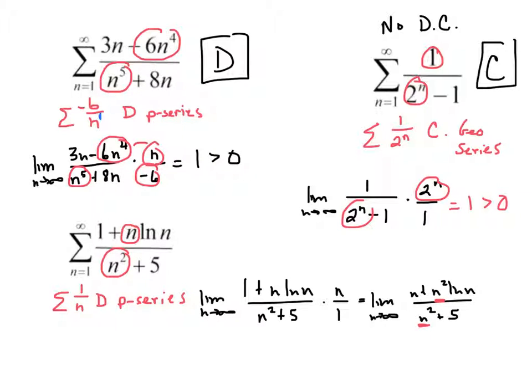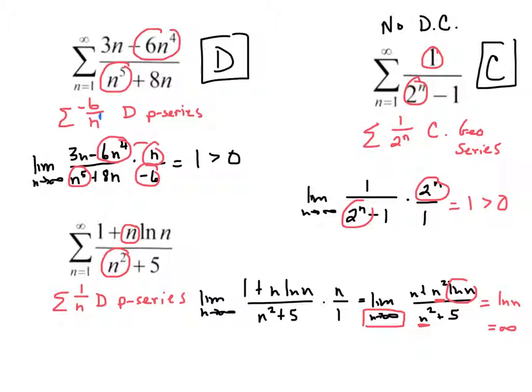If you really looked at this and said, well, this is almost going to simplify to just natural log of n, that natural log of n would give you the coefficient of n squared. As you go towards infinity, obviously this would grow towards infinity. The natural log of infinity is infinity.